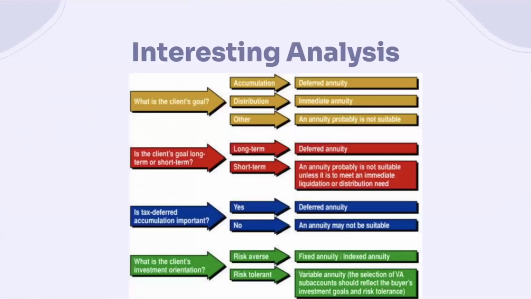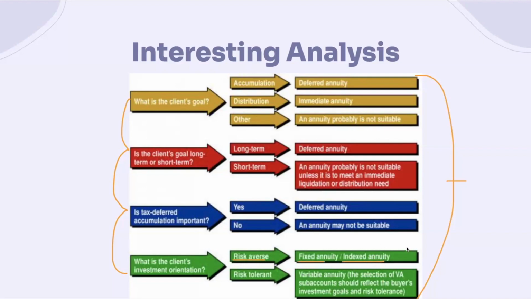Okay, here is a really good flow chart to help cement your understanding of annuities. Through this chart, we can analyze the client's needs with the appropriate options. This is really useful even for studying for the exam. If they're risk averse, we probably want fixed or index annuities.